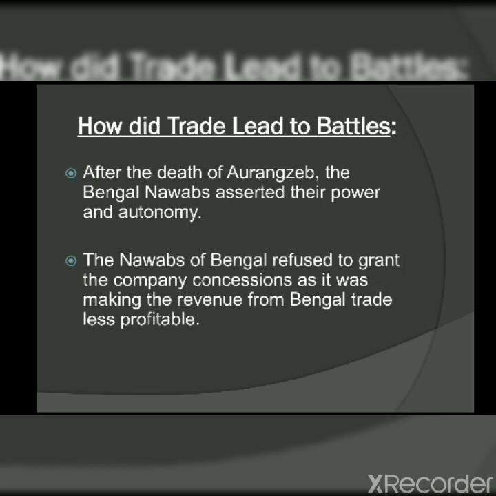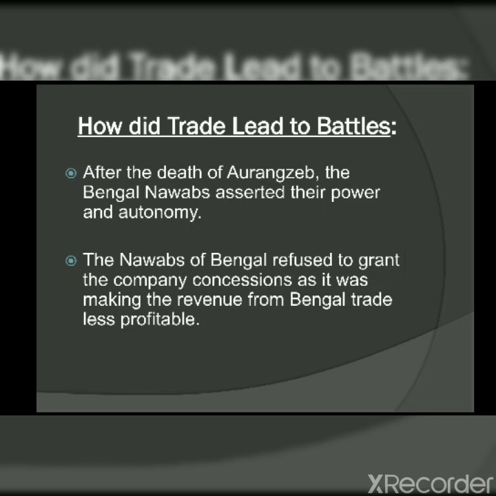That means the company had to pay large tributes for the right to trade. Because they were giving the company the right to trade, they wanted a large amount of tribute. The company was not given any right to mint coins, and whatever forts they were making, they were asked to stop at once.